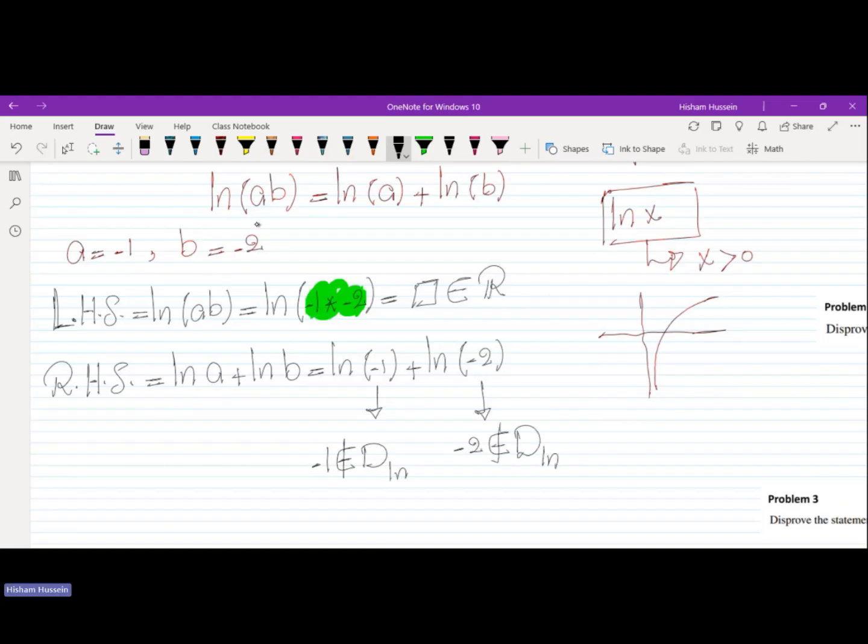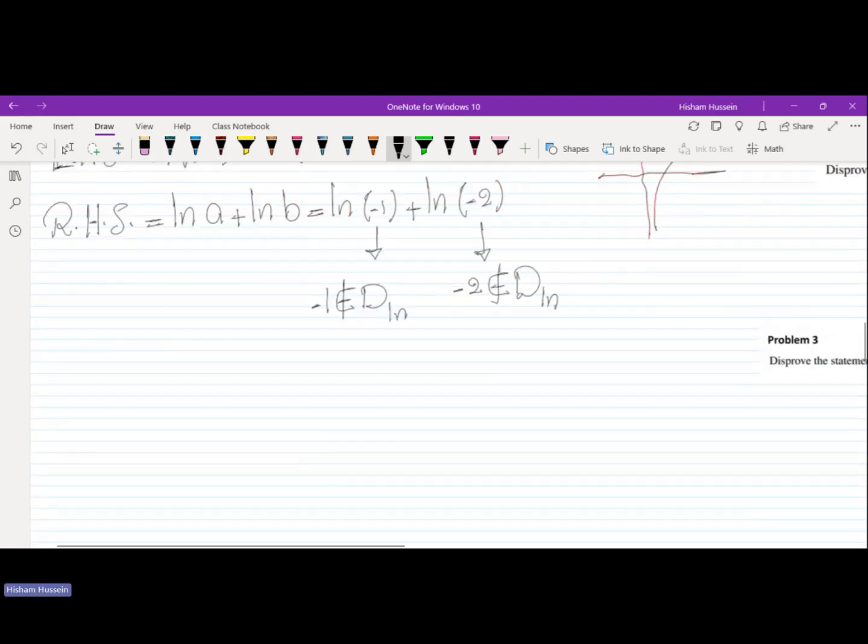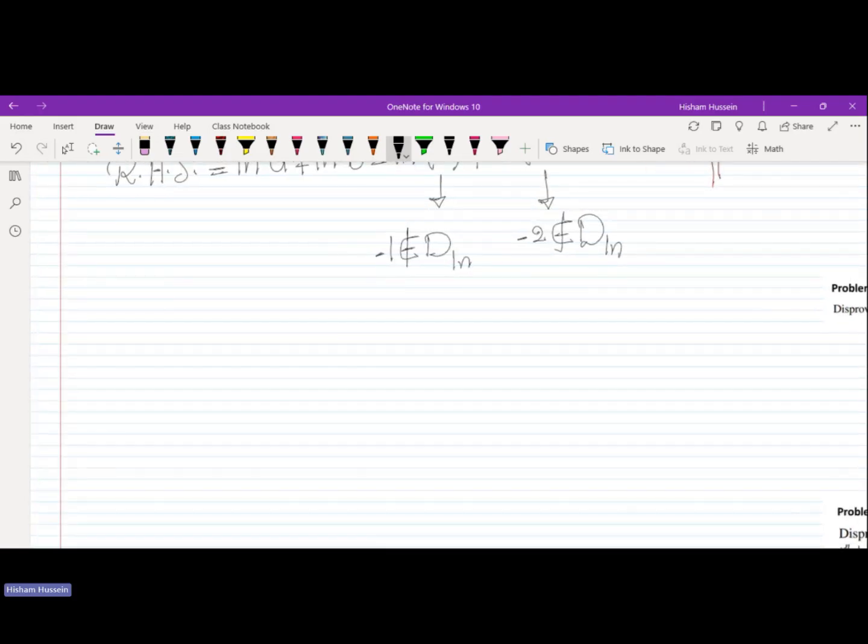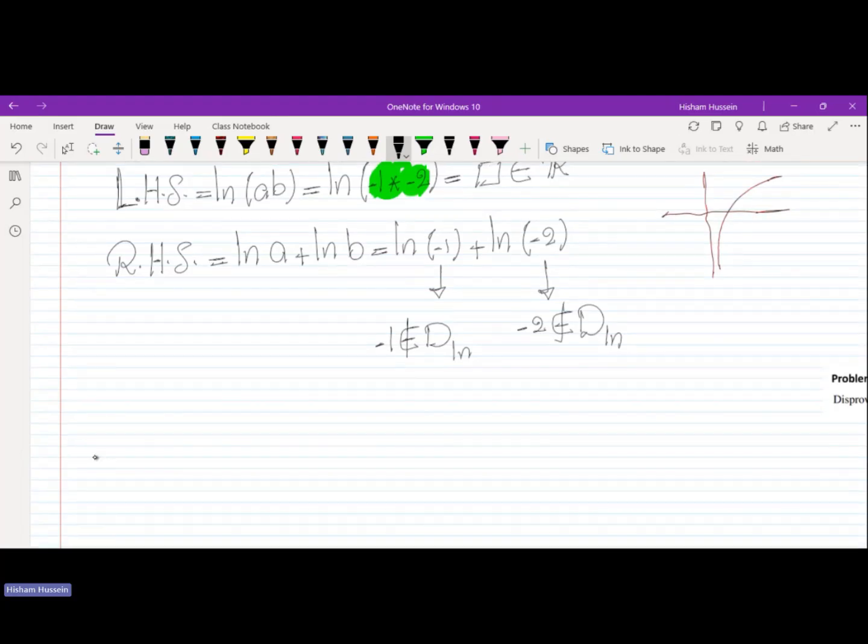So we can consider A equals negative 1 and B equals negative 2 as counterexamples for this statement. Then A equals negative 1, B equals negative 2, negative 3, negative whatever are counterexamples. One counterexample is enough for this statement.